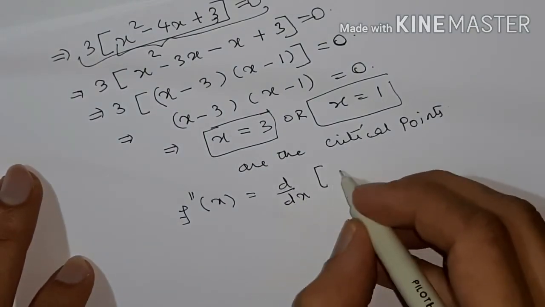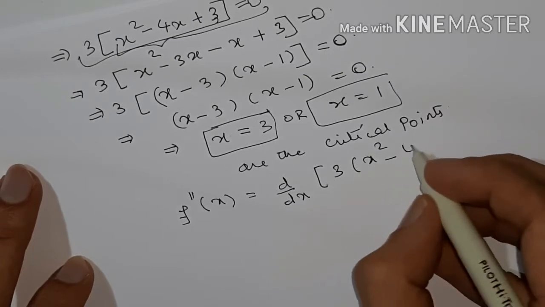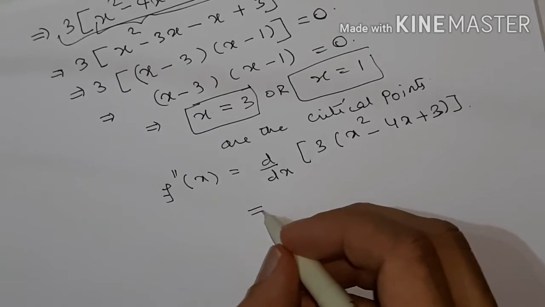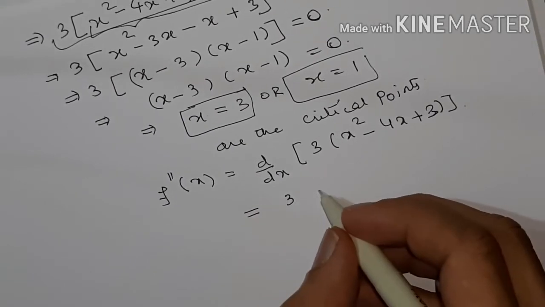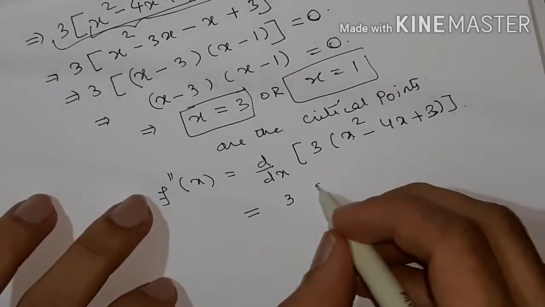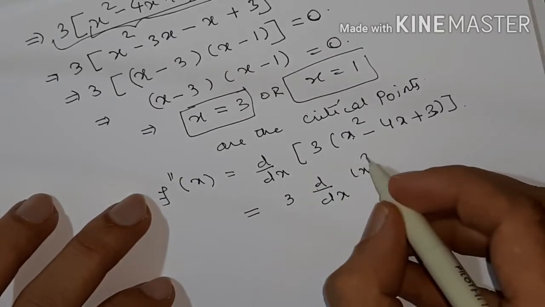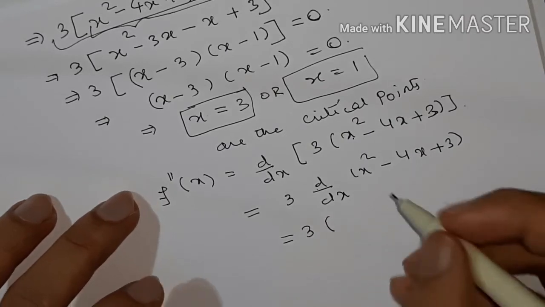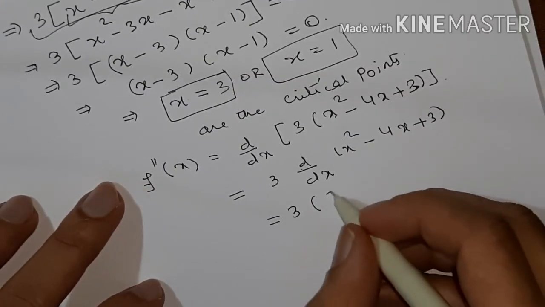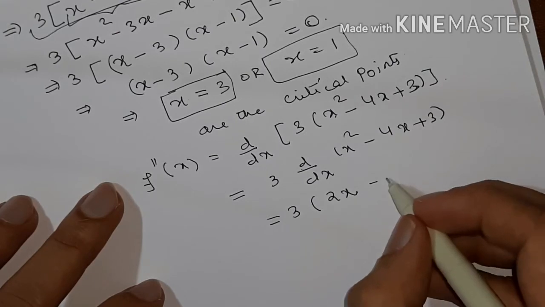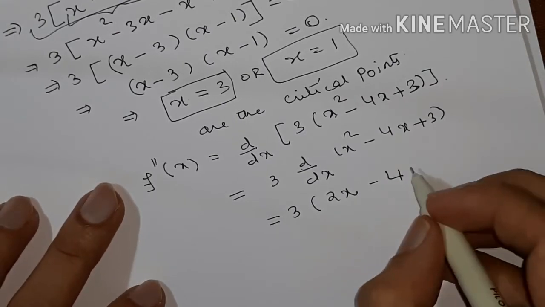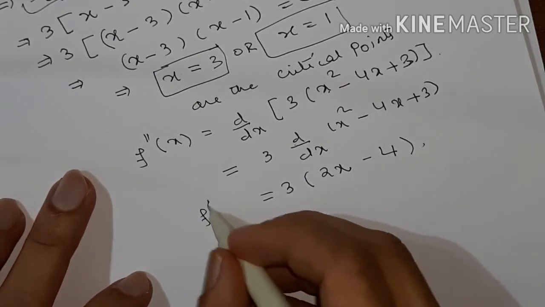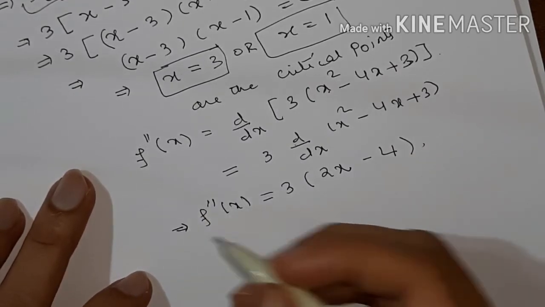The derivative of 3 times x square minus 4x plus 3 is 3 times the derivative of x square minus 4x plus 3. The derivative of x square is 2x, and the derivative of minus 4x is minus 4.